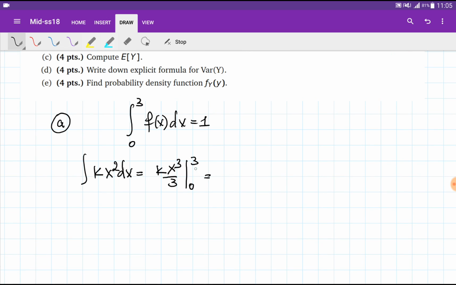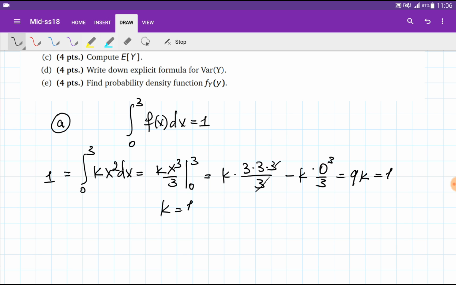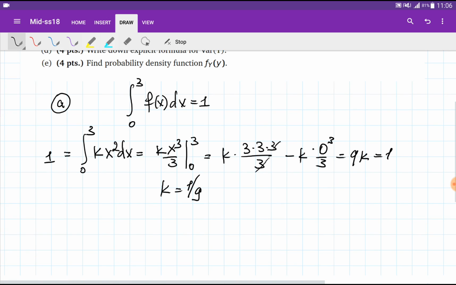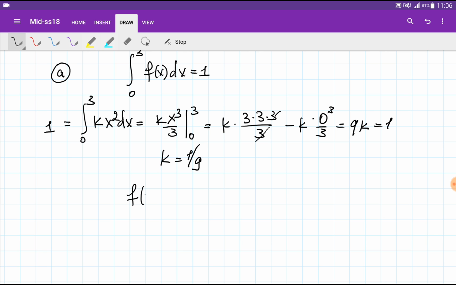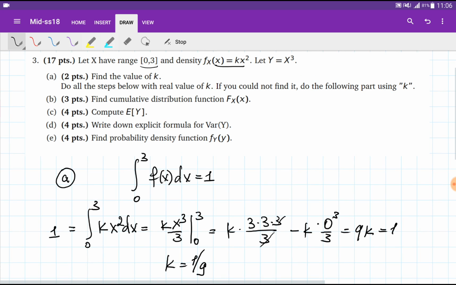If I put in 3, it will be k multiplied by 3 multiplied by 3 multiplied by 3 divided by 3, minus k multiplied by 0 cubed over 3, right? So this is equal to 9k, and this should be equal to 1, right? That is why k is equal to 1 over 9. So the density function is equal to 1 over 9 x squared.